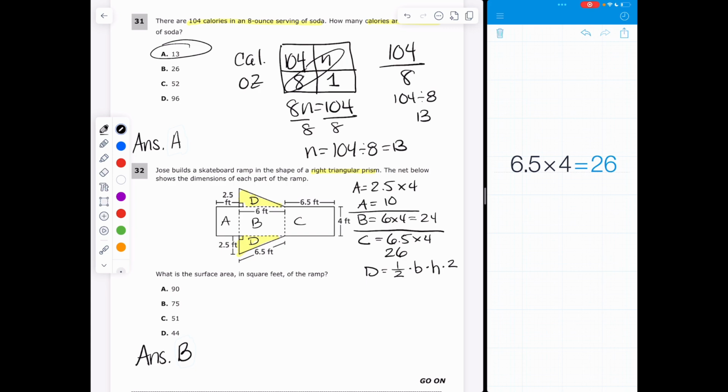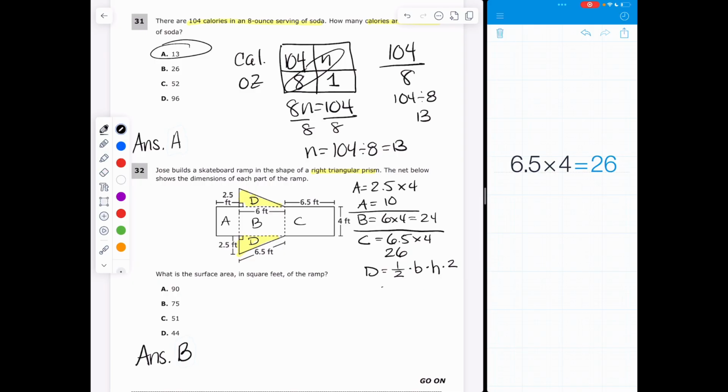So let's put all of these together. 1/2, and the base for my triangles is 2 5/10, and the height, so not this, that's there to trick you, my height over here is 6. So my base is 2.5. So I have fractions and decimals. Let's change them all to decimals just to make it easier.